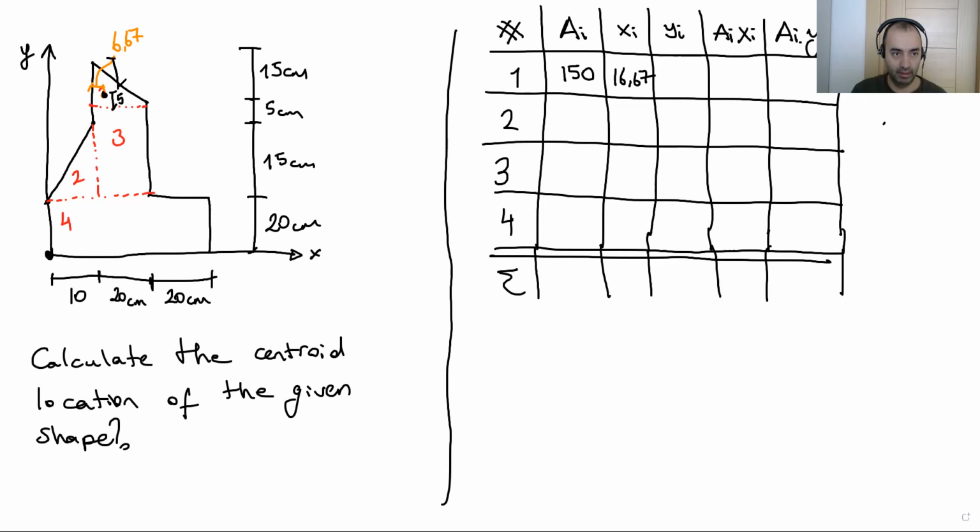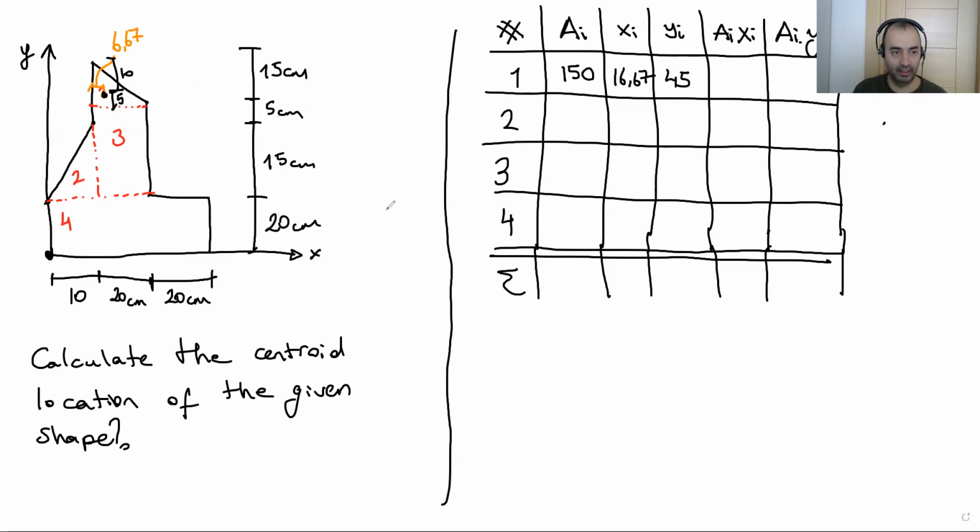This part is 10, right? So let's calculate the total y. Totally here 20, 40, 45. Right? Here is 45. Okay, we did the first one.